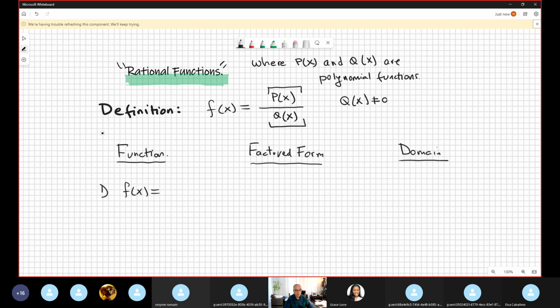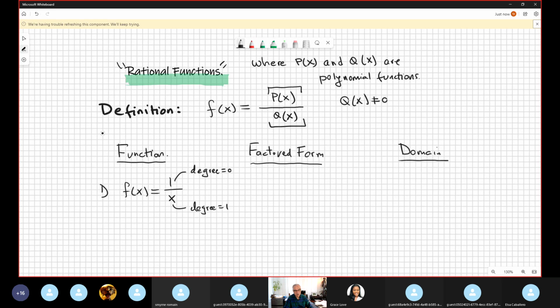This is a reciprocal function that we studied, and it's a rational function. Yes, because in the top we have 1, which is a constant, a polynomial of degree 0. And in the bottom we have another polynomial, x, which is linear, and the degree is 1.